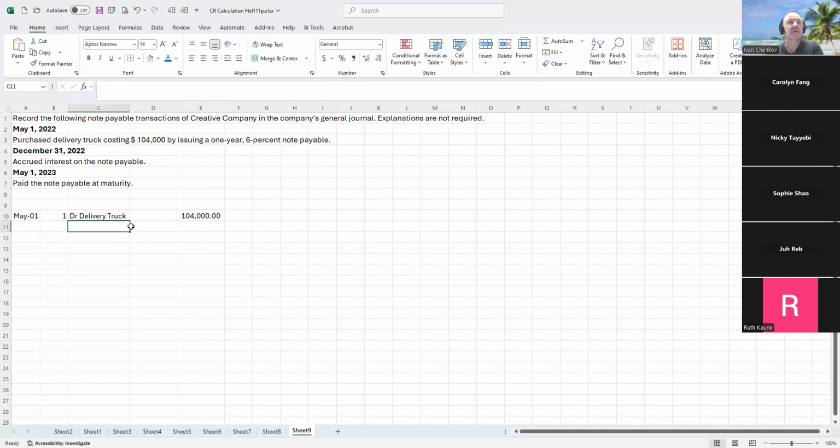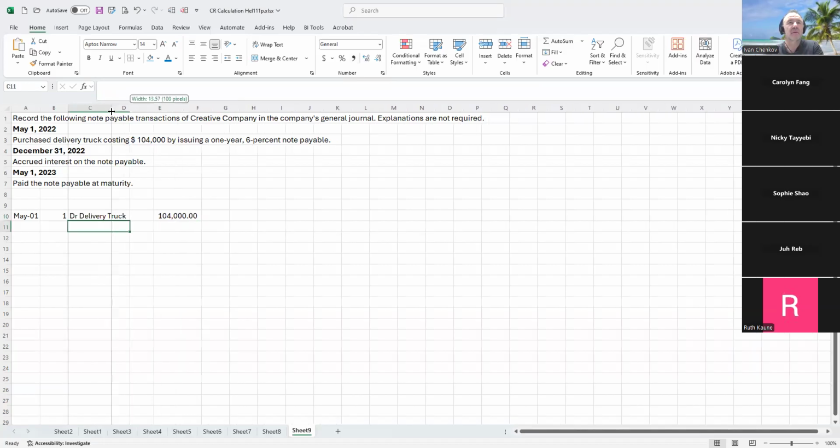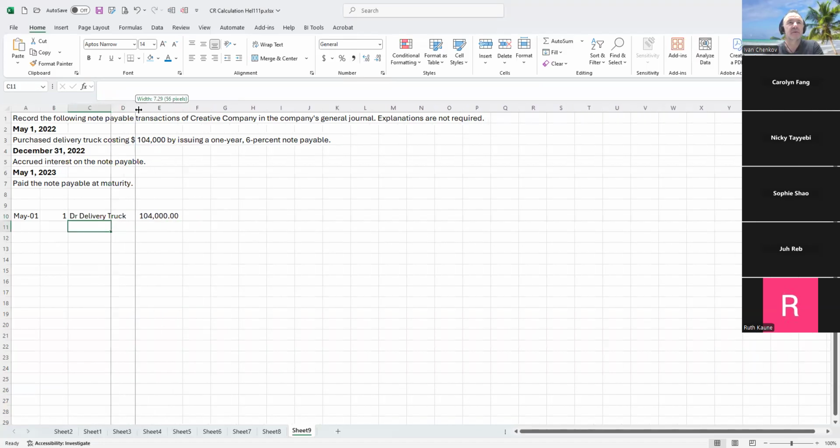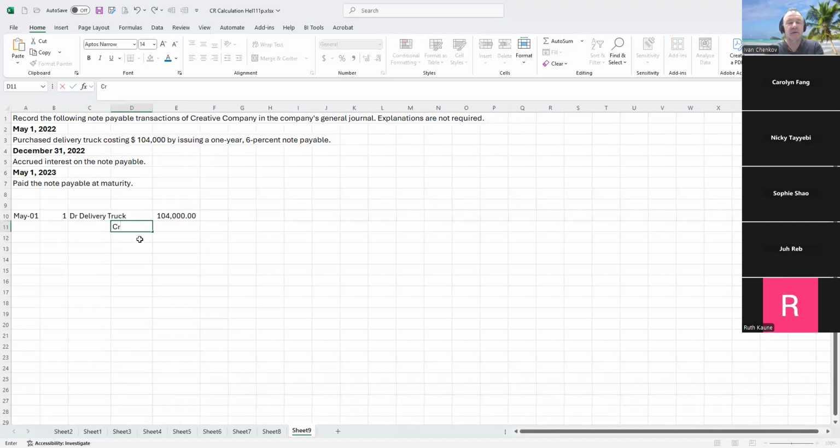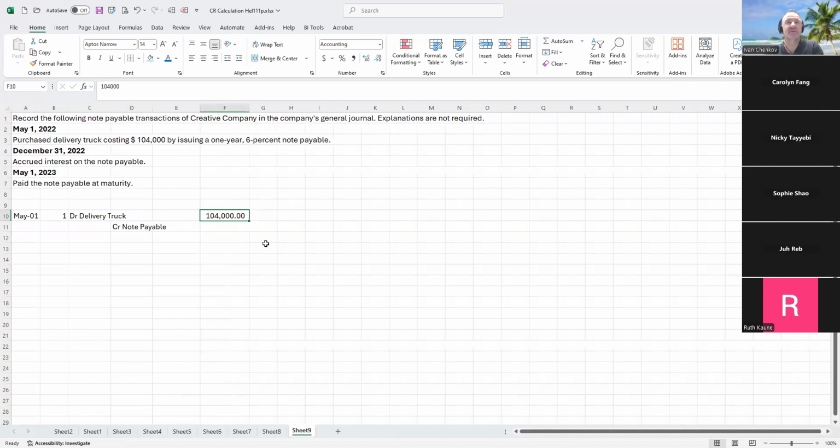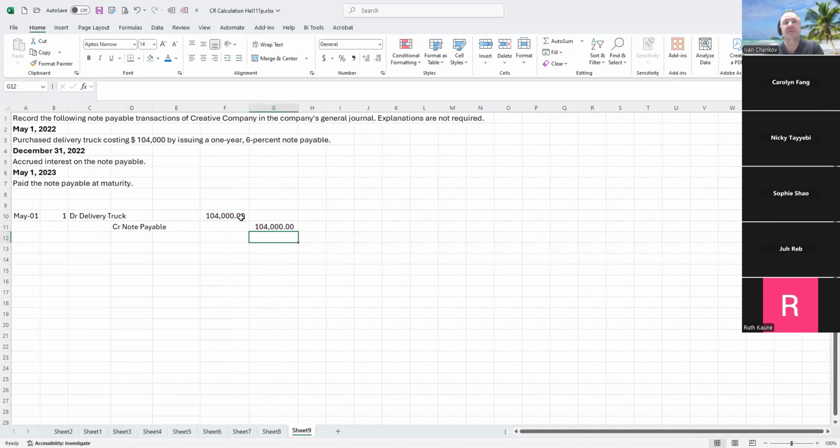Did we pay for the truck? Absolutely not. We give them a note payable. Credit note payable. So what does that mean, which chapter are we in once you see note payable? Liability. Exactly.